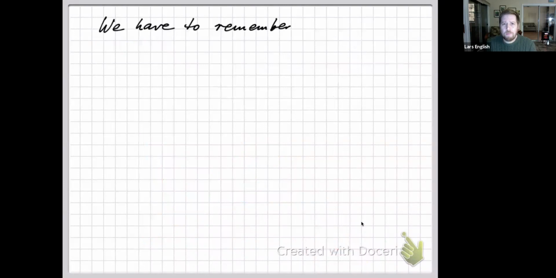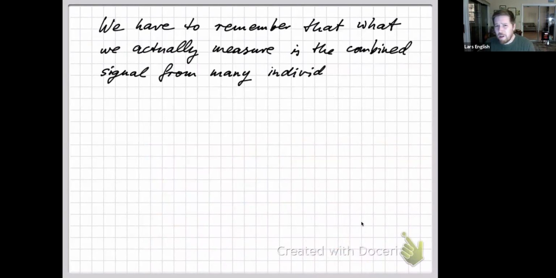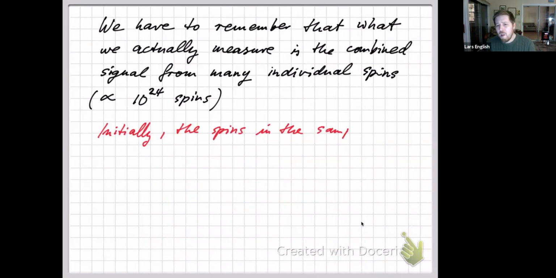Well, we have to remember that what we actually measure is the combined signal of many individual spins on the order of 10 to the 24 spins, 1 mole, let's say, of a substance. So a tremendous number of spins are involved here. And we can say that initially these spins in the sample are all doing the same thing.